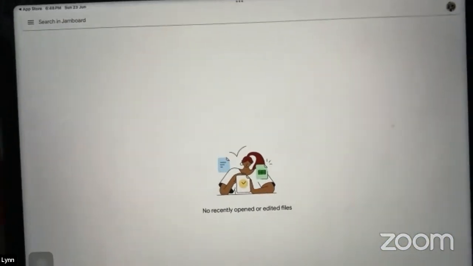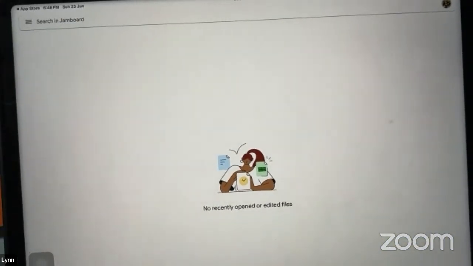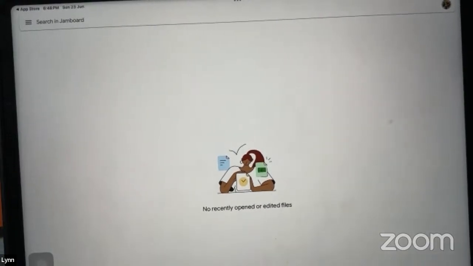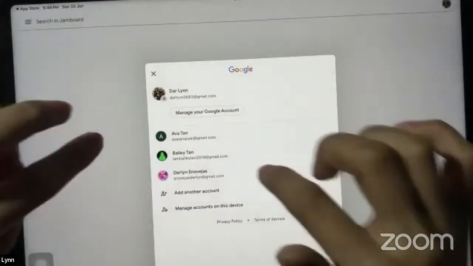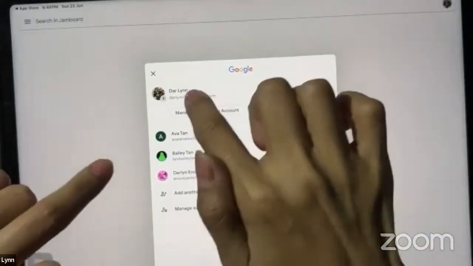Okay, maybe you could read it for me. Maybe you could spell your Gmail for me, please. Okay, I'll just write it down. That one, the first one, right?